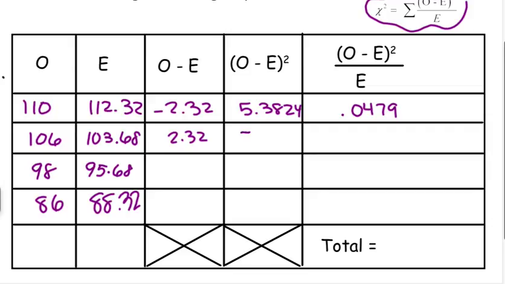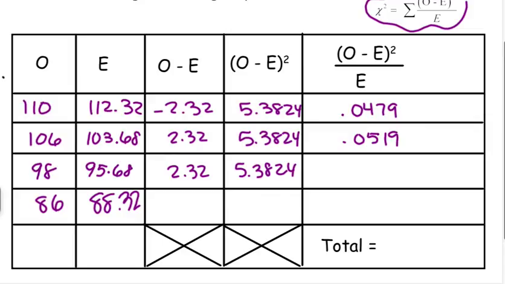Square that number, divide that number by E, 103.68, and we get 0.0519. Then take 98 minus 95.68, square that number, divide by 95.68. Then 86 minus 88.32, negative 2.32, square it, divide by 88.32.